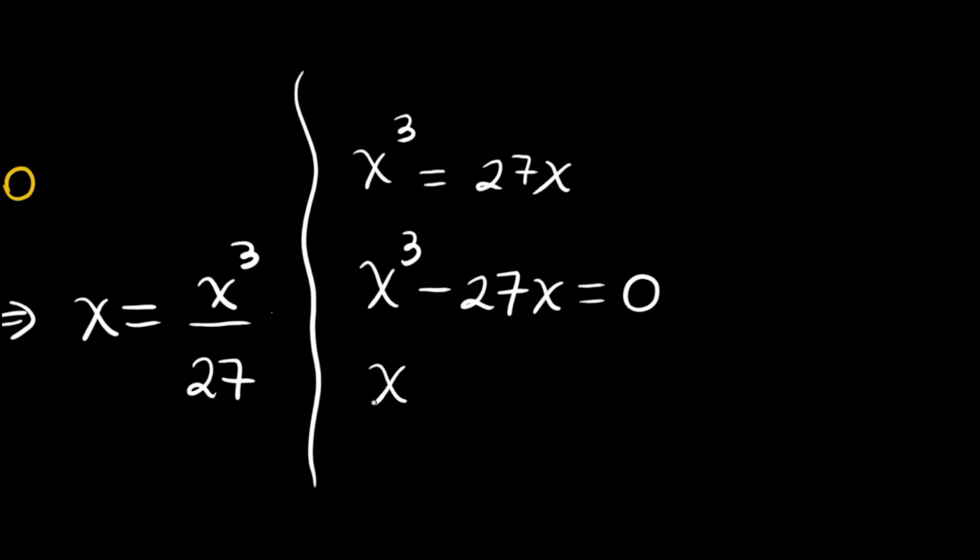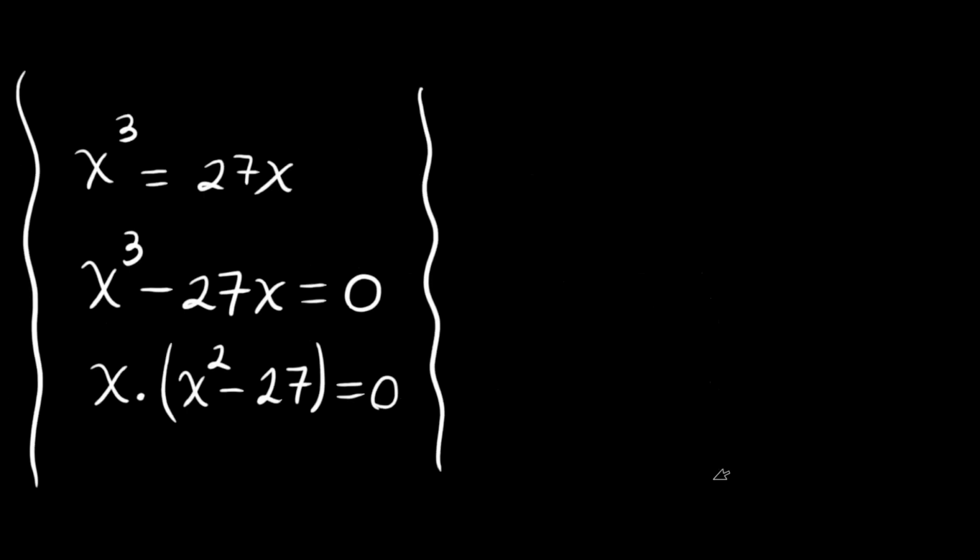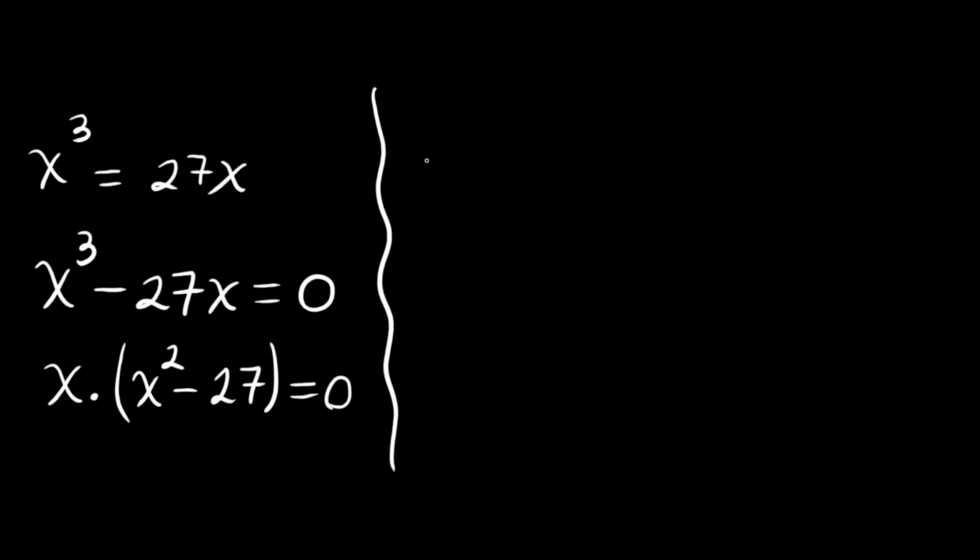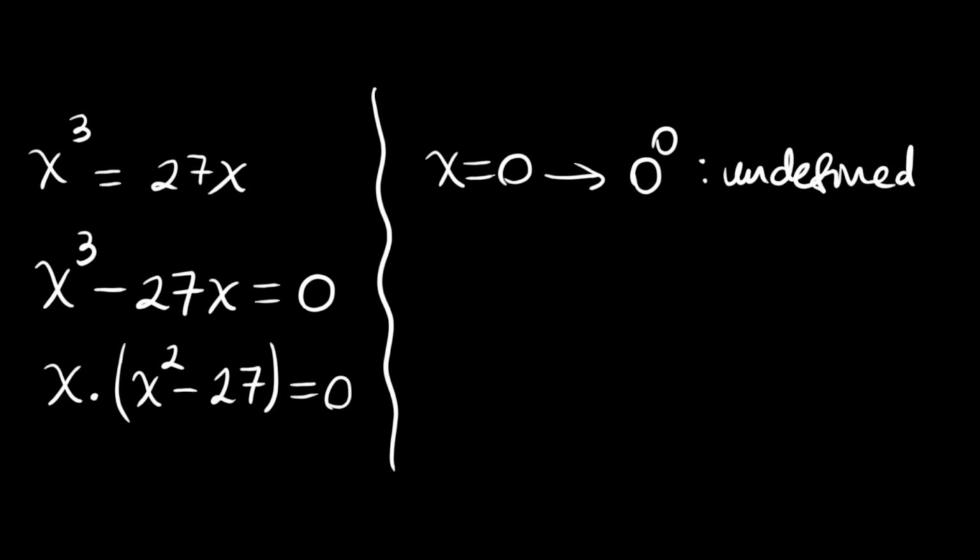And factoring x, we will have x times x squared minus 27 is equal to 0. So x is whether 0, but if x is 0, we have 0 to the power of 0, which is indefinite. So this is rejected.